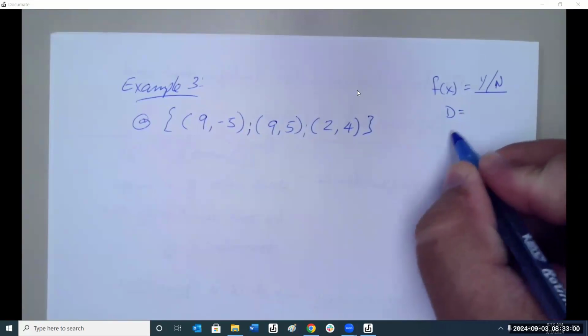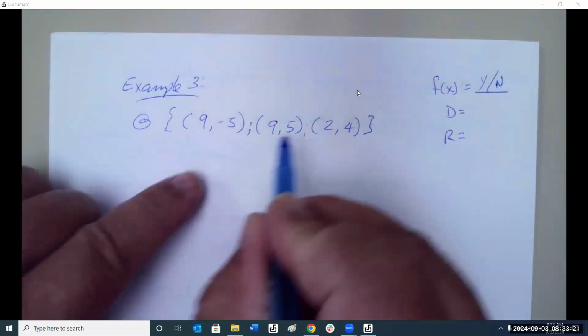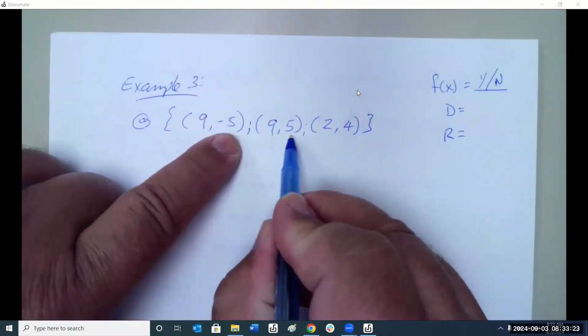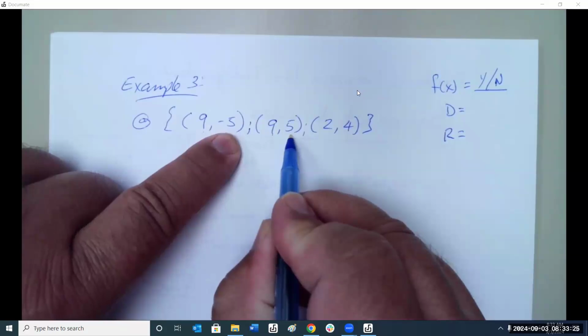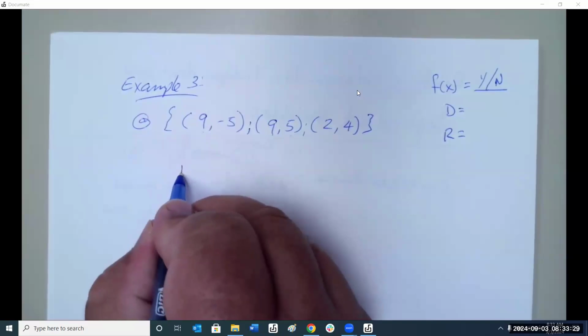Then set the domain and tell me the range. So who thinks it's a function? Who thinks it's not a function? Why? Right, because the same x's go to different y's. If you have the same x, it has to have the same y. So not a function.